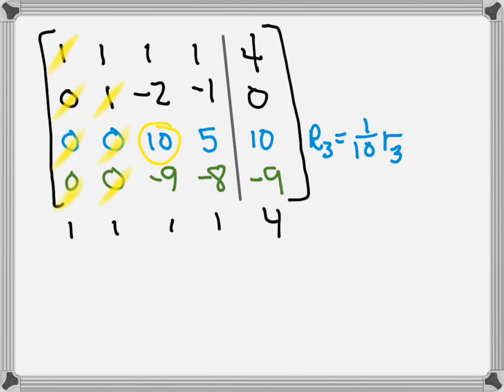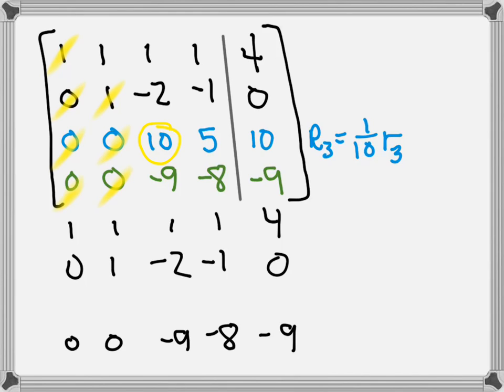Okay, so my first row is staying the same, 1, 1, 1, 1, 4. My second row is staying the same, 0, 1, negative 2, negative 1, 0. My fourth row is staying the same, 0, 0, negative 9, negative 8, negative 9.